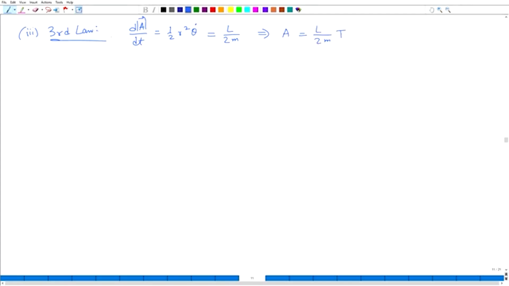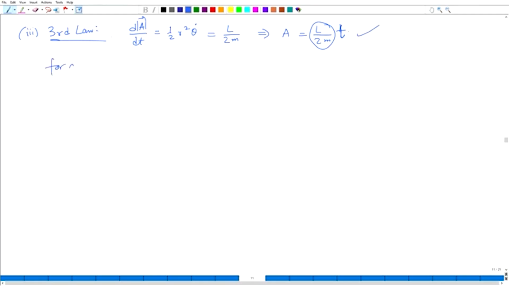Since this is constant, I can integrate, and at t equal to 0 the area was 0, so I have this simple linear relation.